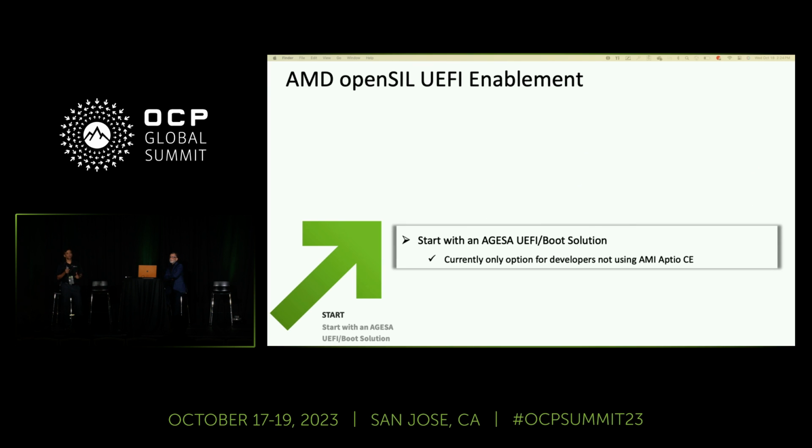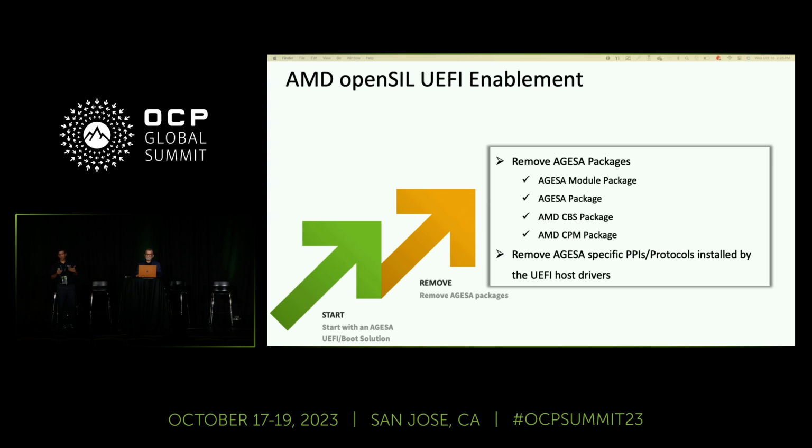The easiest one will be to take Aptio Community Edition, and then there are steps that I'll be talking about to create a complete firmware. Or another way is if you already have a UEFI AGESA firmware for the Genoa platform, how do we go from there to add an OpenSIL solution? That will be the other way of achieving it.